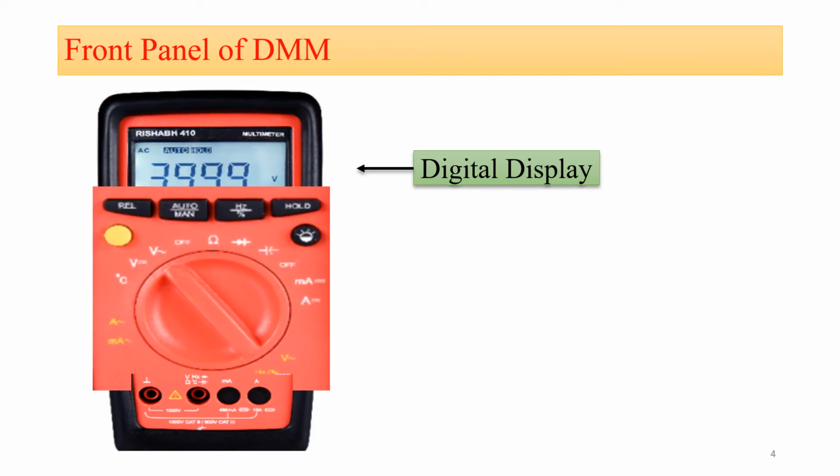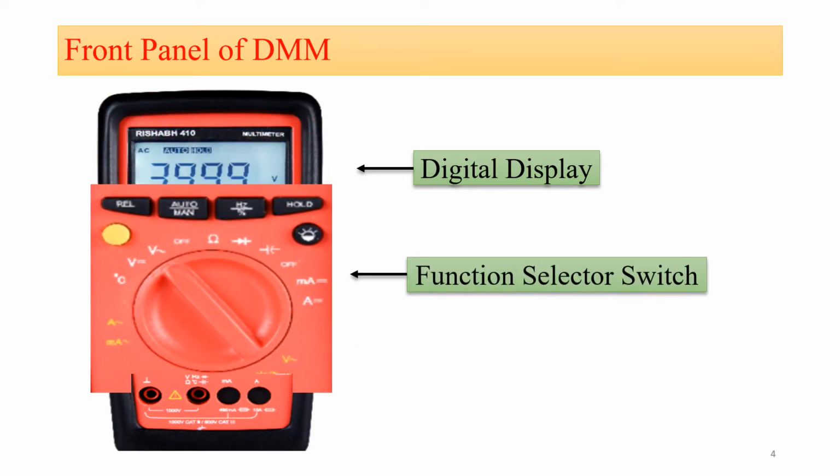Then the second part of the front panel of digital multimeter is the function selector switch. Now this is very important. Whichever parameter we are measuring is displayed digitally on the digital display, and on the display we are getting some AC voltage.